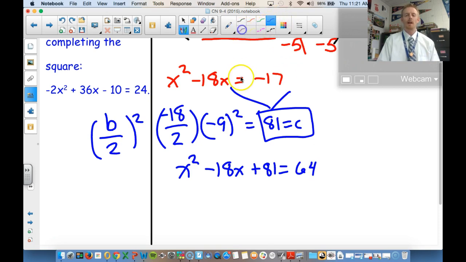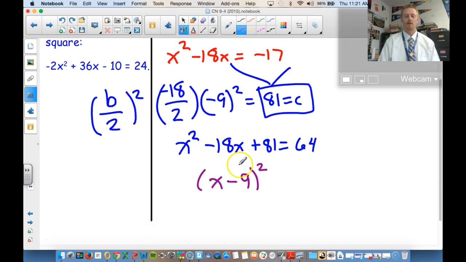And we should be, again, noticing the pattern here, that this is a perfect square trinomial. That's going to be x minus 9 squared. Because if we were to FOIL this, it turns back into that one. This is a subtraction sign, so we know that the middle is going to be a subtraction, and it is equal to 64.